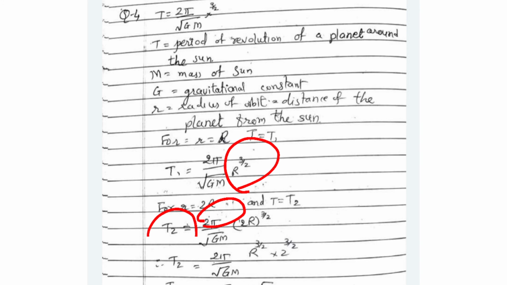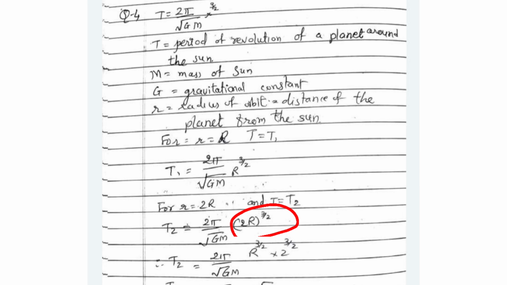Now what is R here? R here is 2R. So 2R raised to 3 upon 2. Correct? So this is what is changing. So just open this part only.